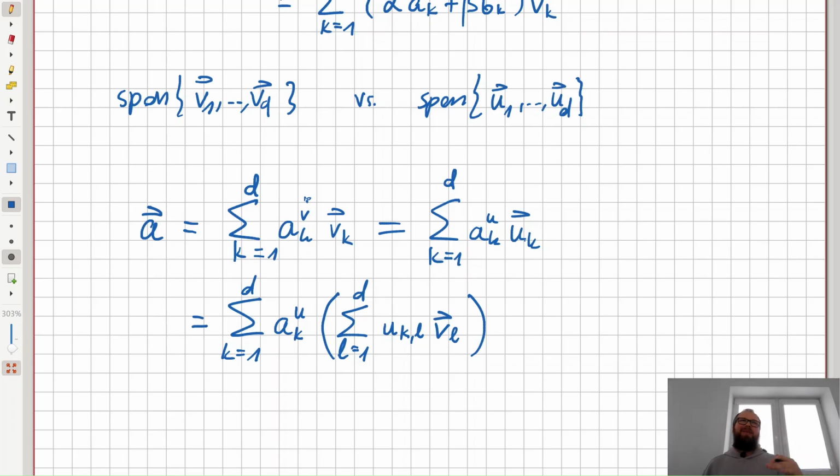Those are special coefficients, U_K^L, because they relate the bases.